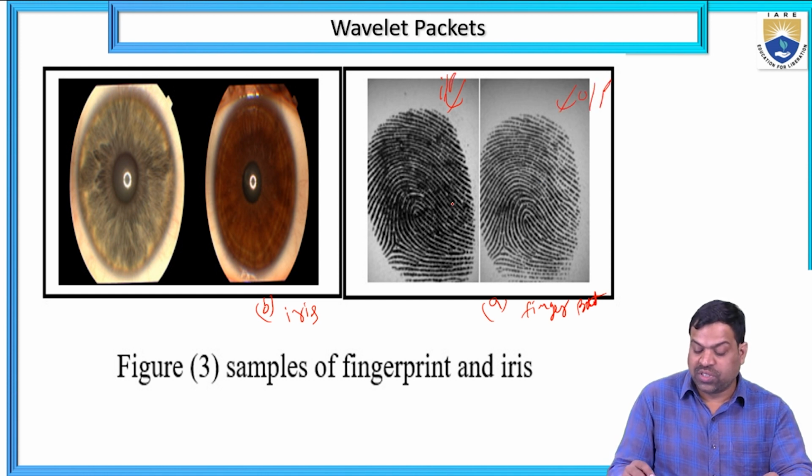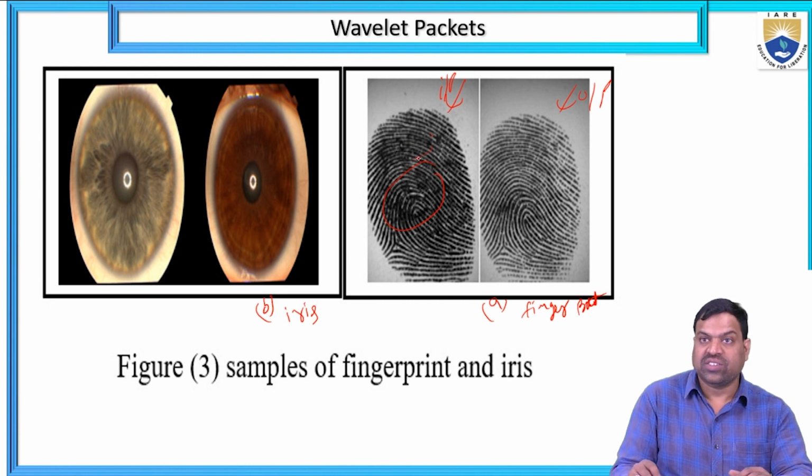What is the difference? Here the brightness is very high. The blackish is very high. So that is the reason how many lines are there we are not finding easily. It is typical to find.